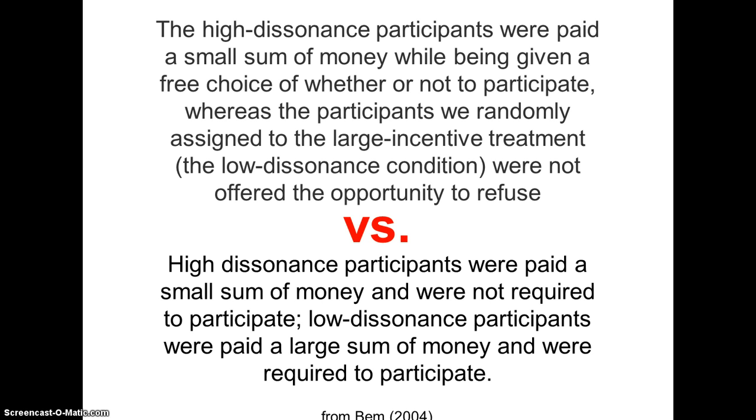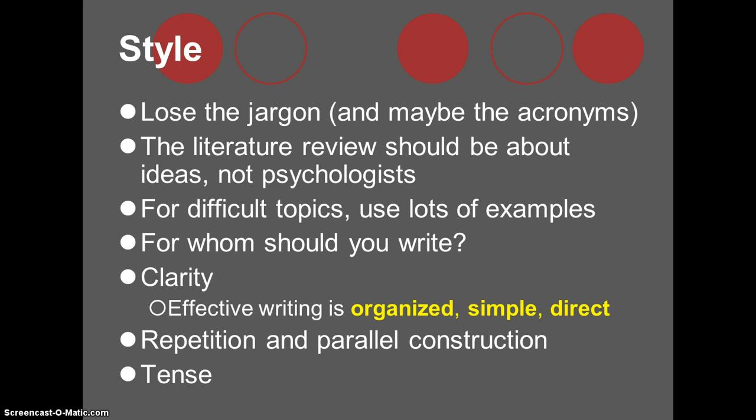For the low dissonance group, here's what they were exposed to. But the overall structure of both clauses is the same in each case. And that's just a lot simpler to read and to really understand compared to that first approach. So you should think about ways to maybe do that in your writing. And then finally, the question as to tense always comes up.